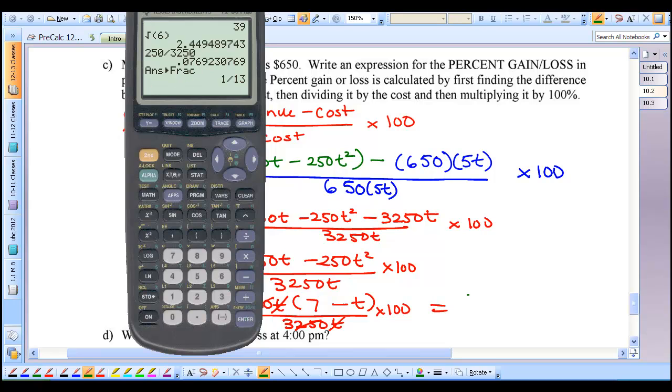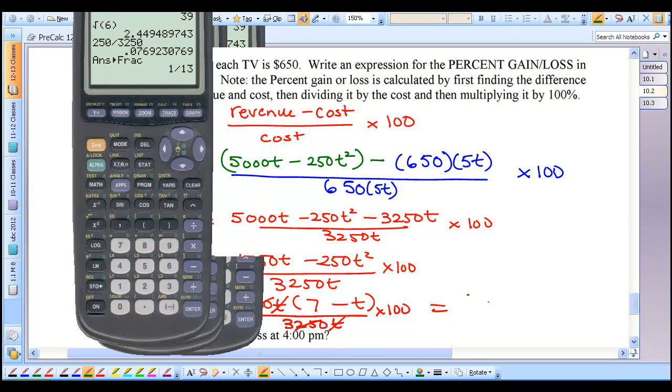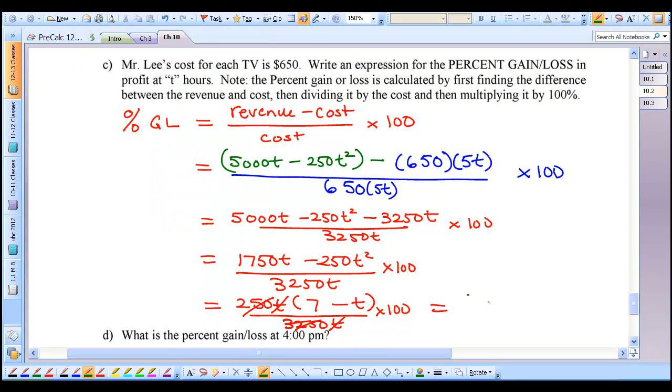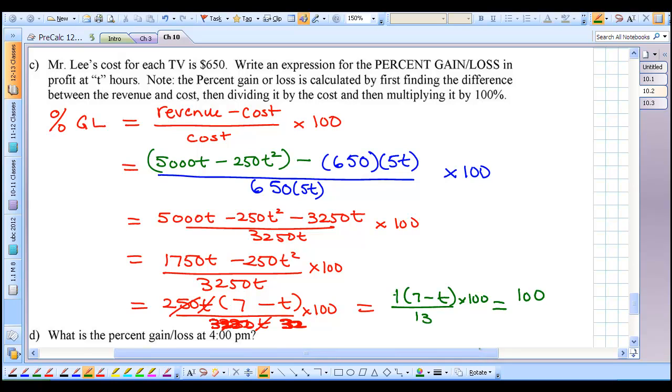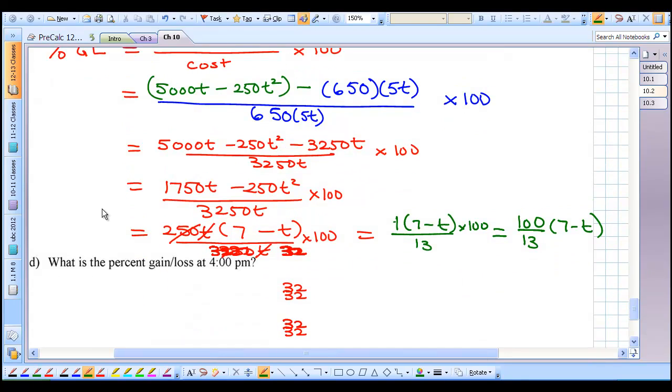So we have here 7 minus T over 13 with 100. So I think it's just 100 over 13 times 7 minus T. There's your equation for percent gain or loss.